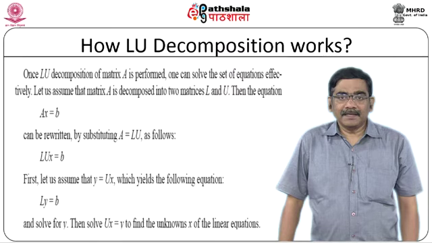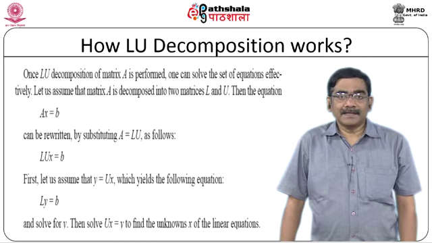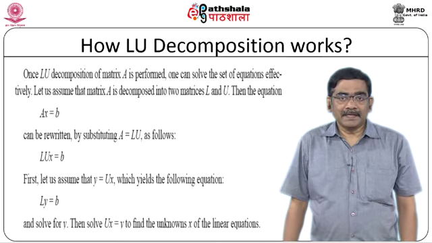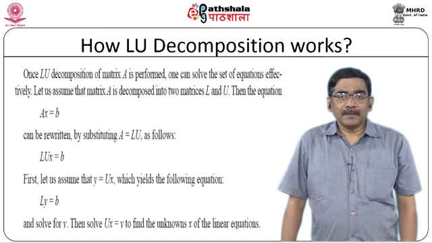Given n linear equations with n unknowns, we can represent them in matrix notation as Ax = B, where x is the vector of unknowns that we have to determine. Now we decompose this A into two matrices L and U, and substitute this back into the equation.